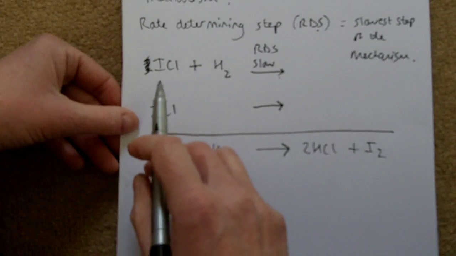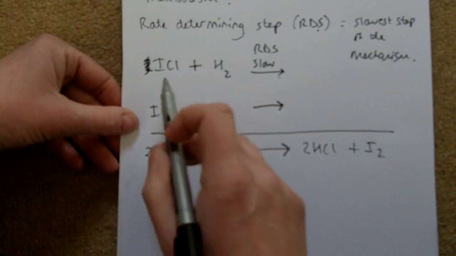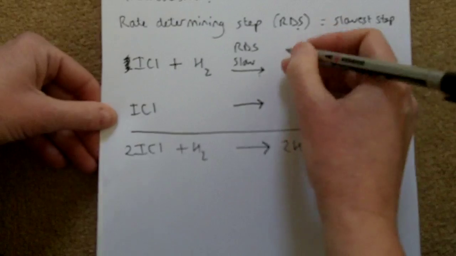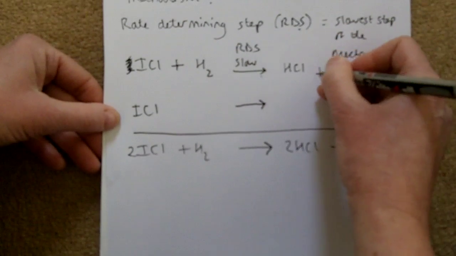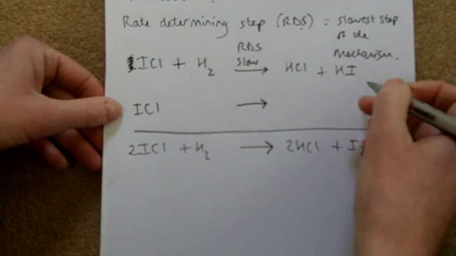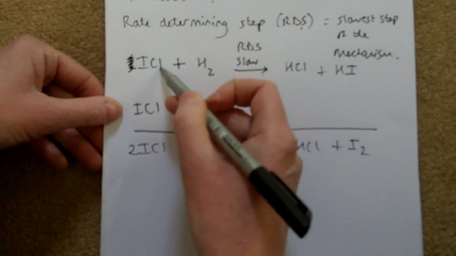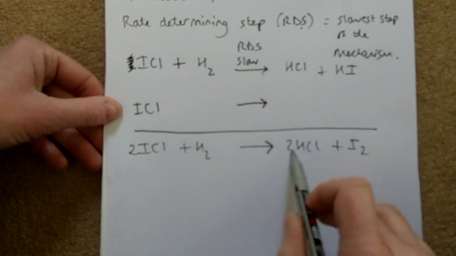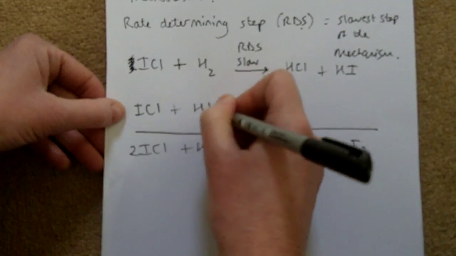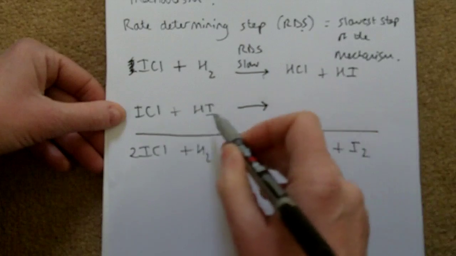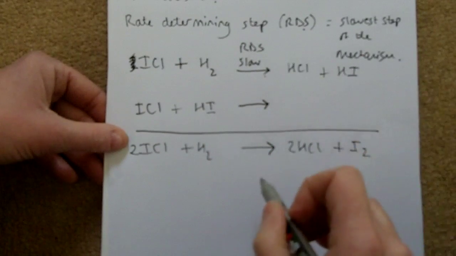Okay, and then I look and I see, well, what can I form here? So I could form one of the HCl's, could be a product, and HI. Okay, so HCl and HI, but there's no HI in the overall equation, so there must be an HI here in order to cancel out.